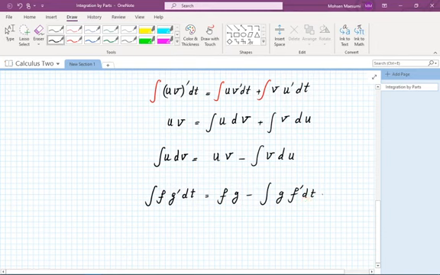Sometimes you apply this to a so-called definite integral, meaning this integral is calculated from some number to some other number.